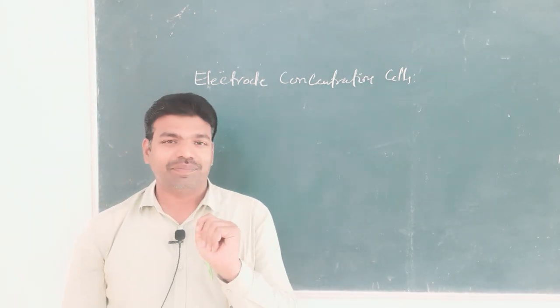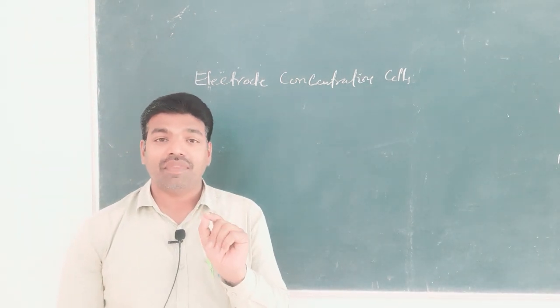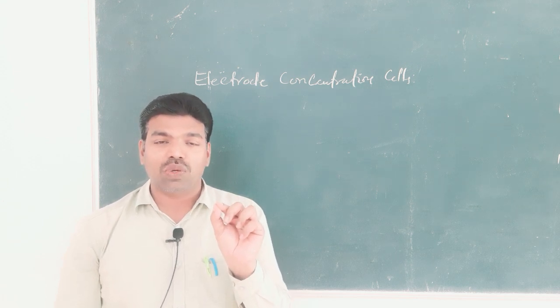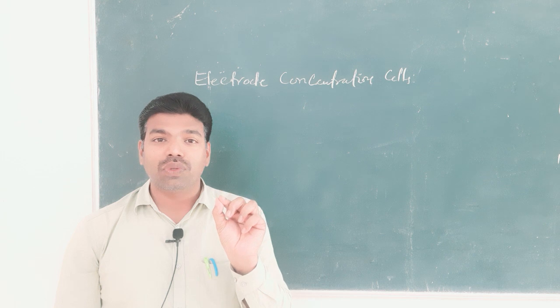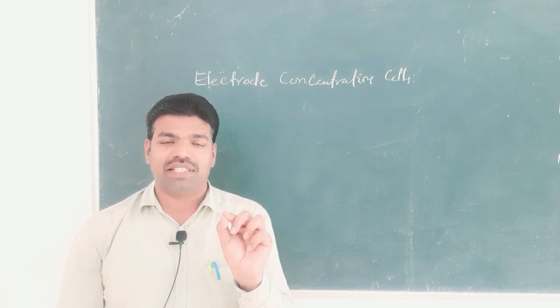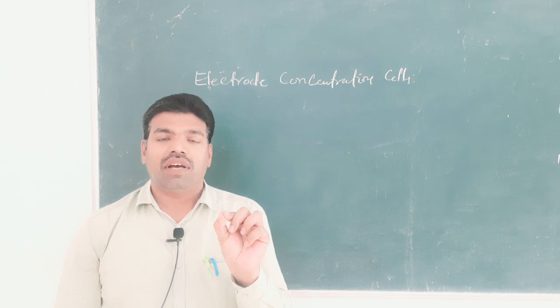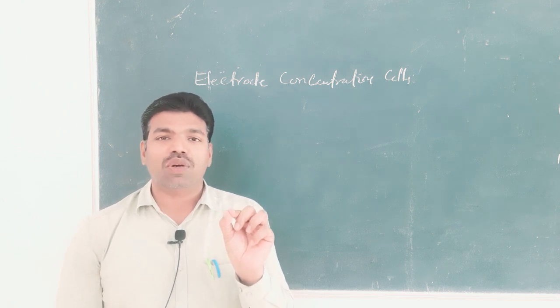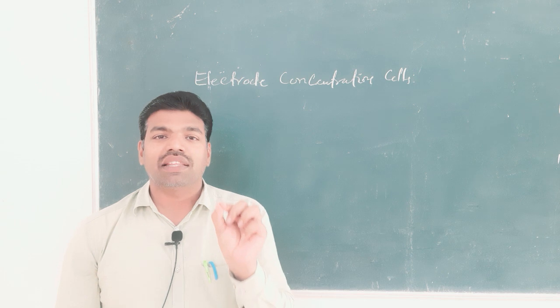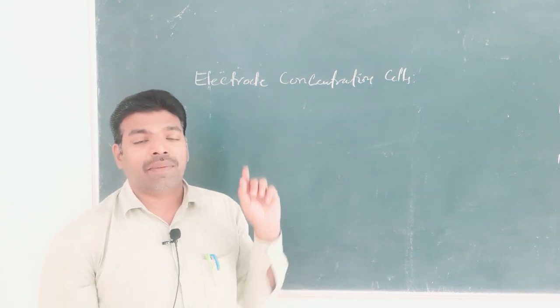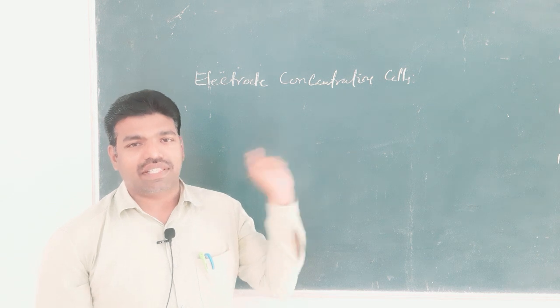I repeat, if we take two hydrogen electrodes at two different gas pressures dipped in the same solution of hydrogen chloride, that constitutes a cell of the type electrode concentration cell.